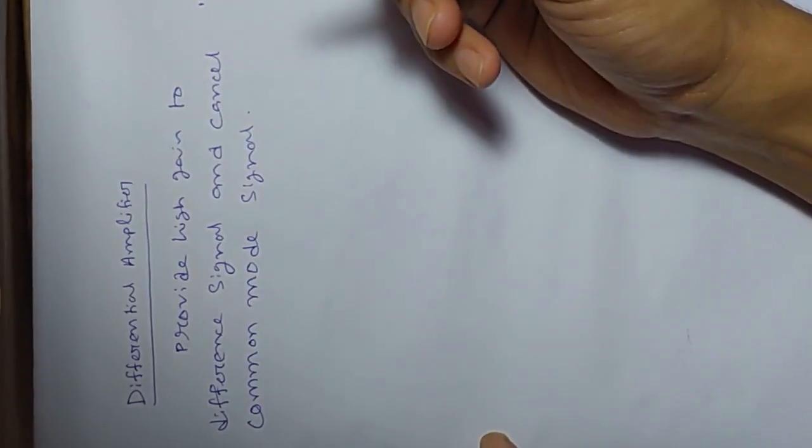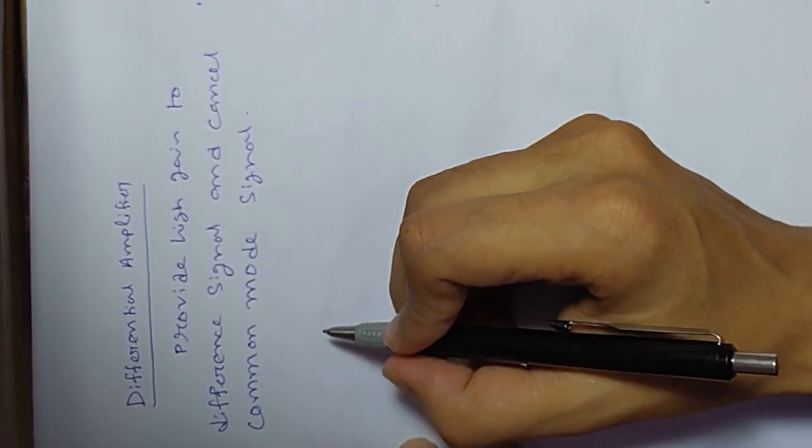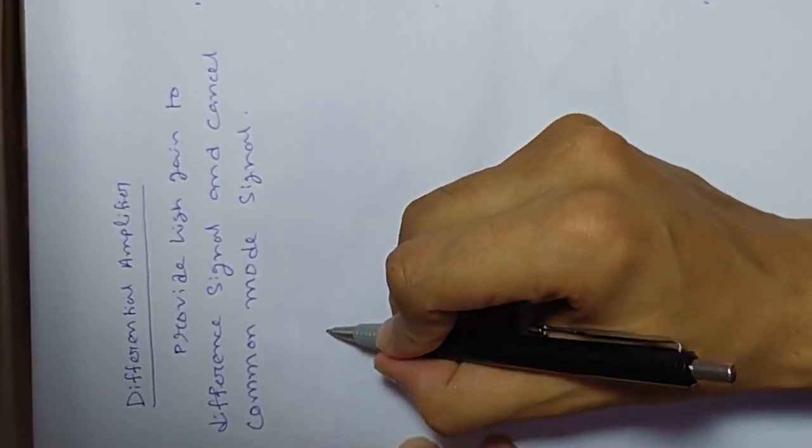So first come to the circuit. The circuit consists of a pair of transistors.